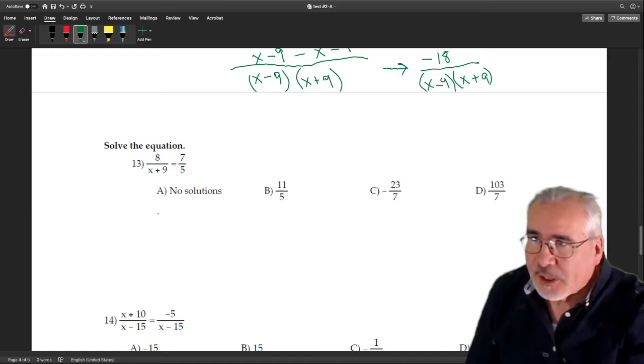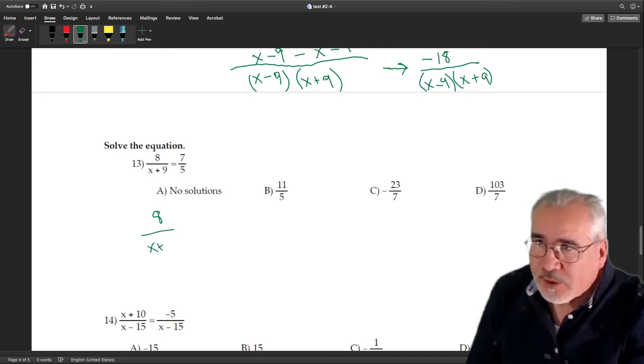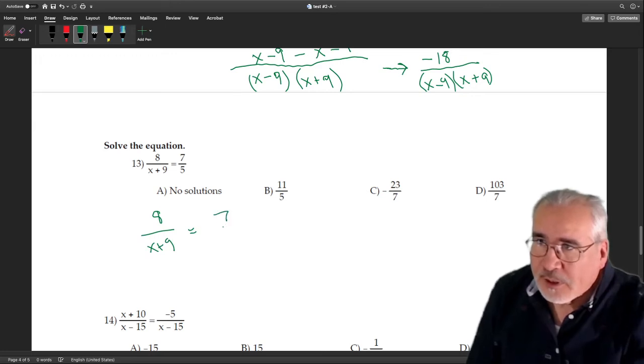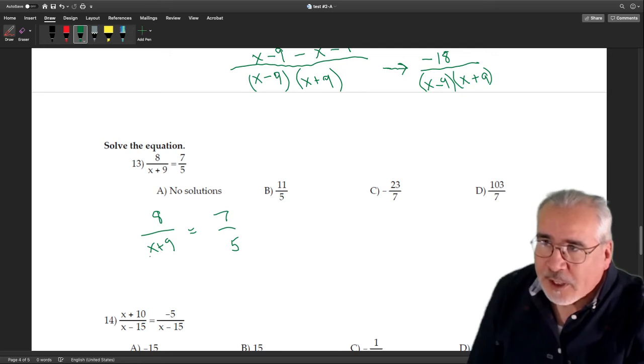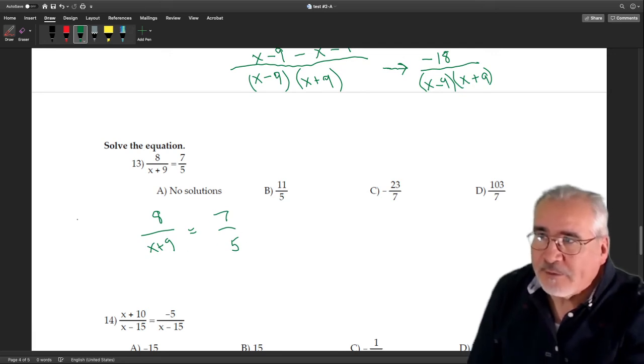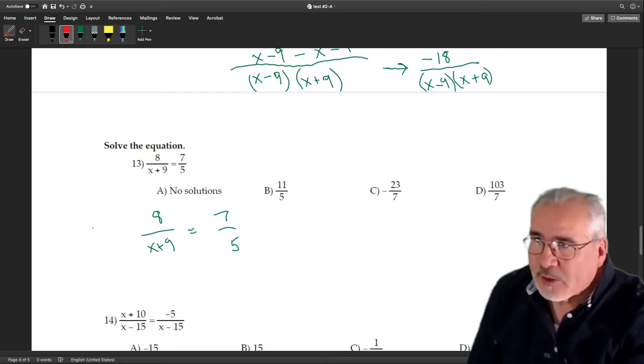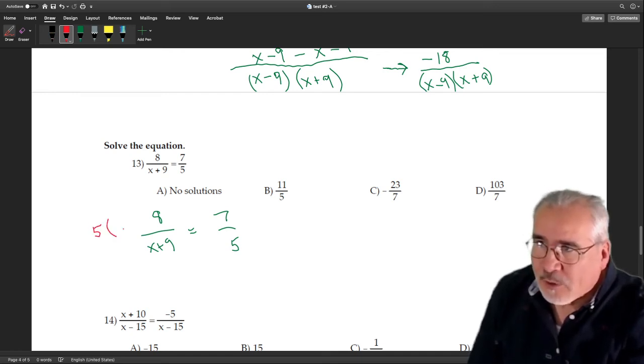So let's go here, 8 over x plus 9 equals 7 over 5. I'm going to go with the common denominator, which is x plus 9 times 5. We'll just multiply both sides by that. And you'll get the same thing just like we did earlier if you cross multiply.